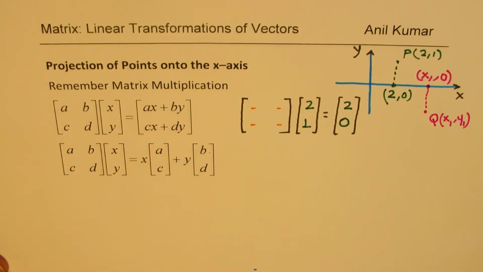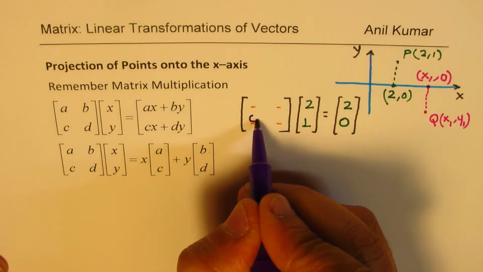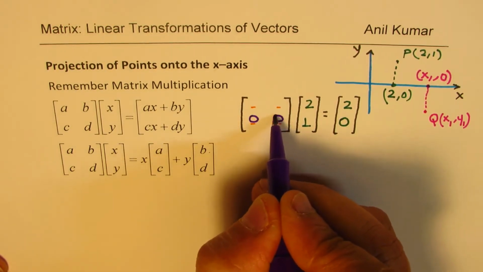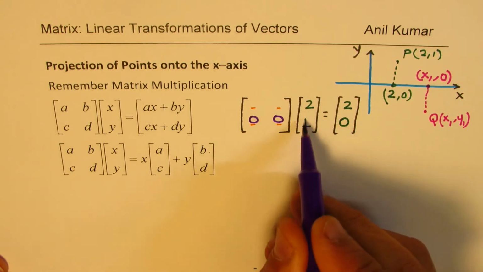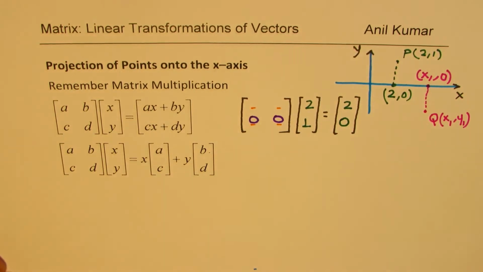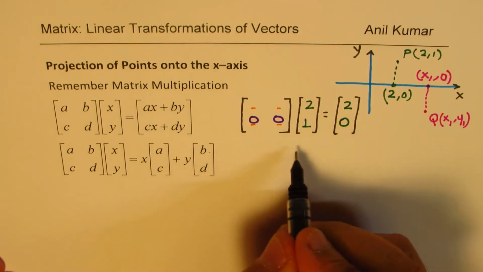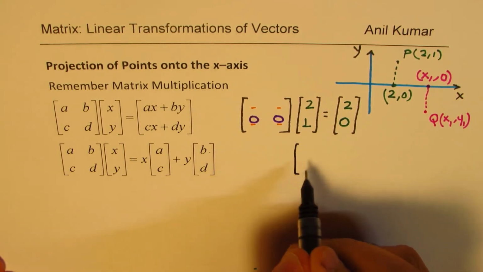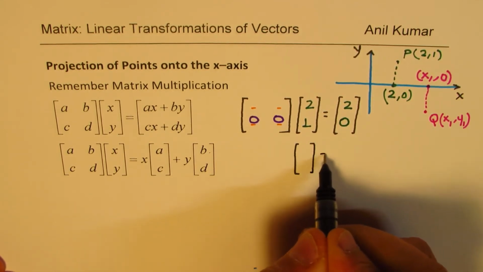Clearly. So C and D being 0, I will place 0 here, right? So we have zeros on this side. That ensures whatever this point is. So what we will do here is we'll also look into our general point, correct?